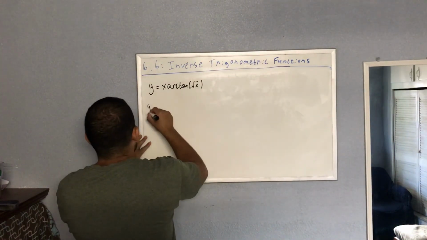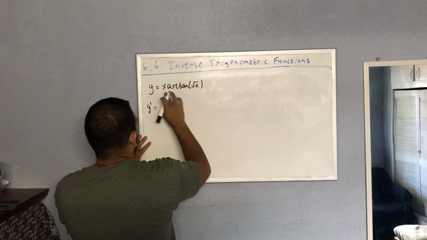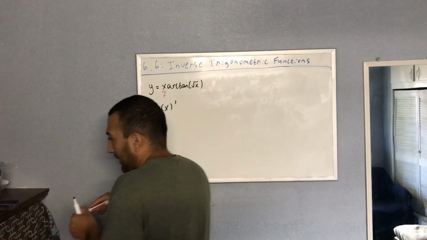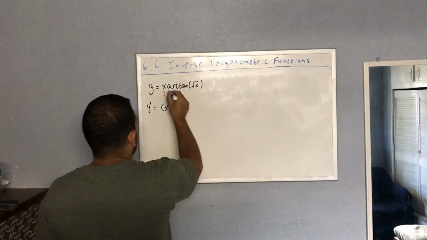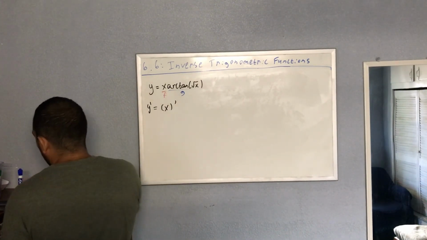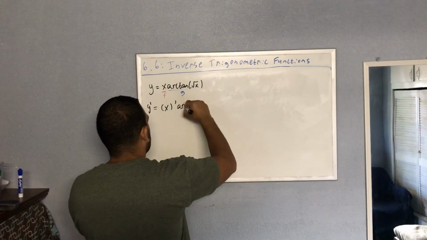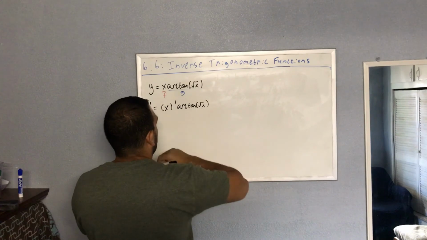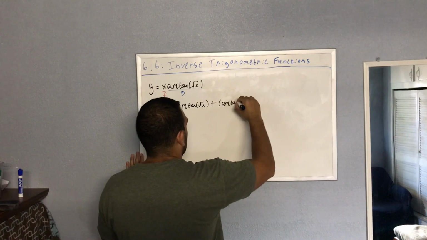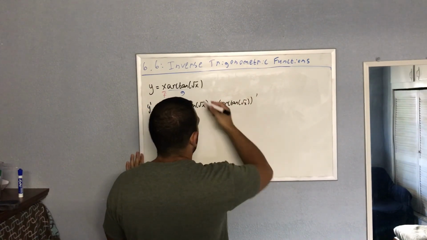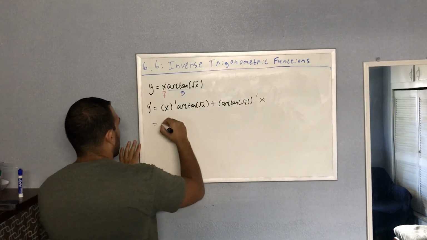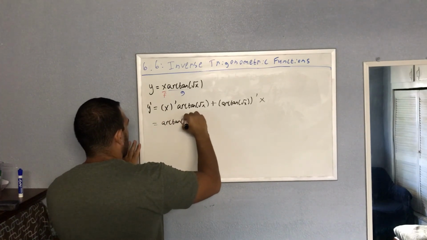So step 1 is use the product rule, which says you take the derivative of the first function, like this is f, and this is like g. So remember, it was f prime times g, so x prime times just arctangent root x, plus now g prime, the derivative of g, times just f. Now this is just 1, so we get arctan root x.